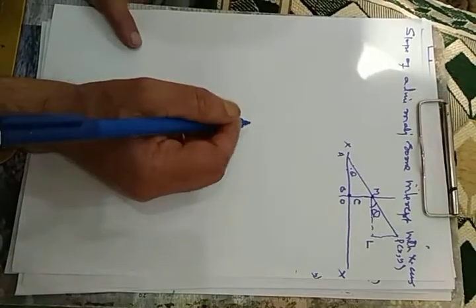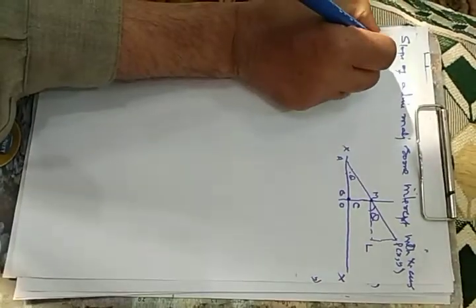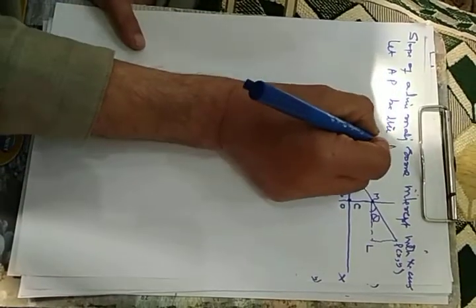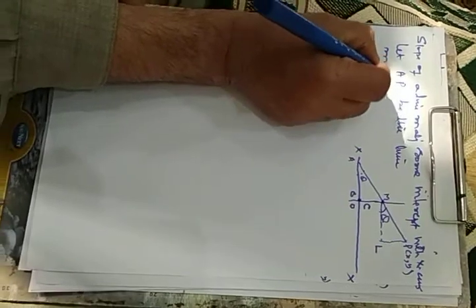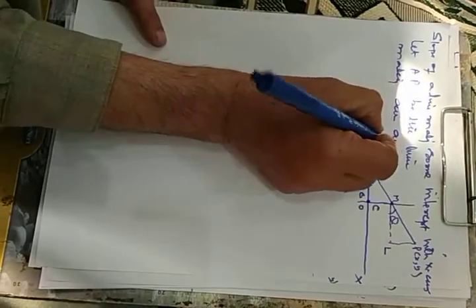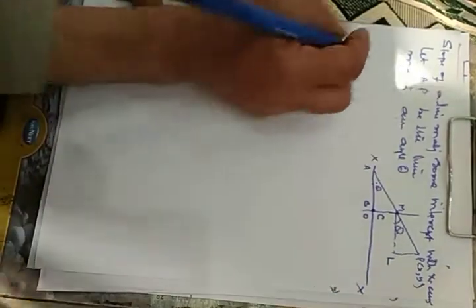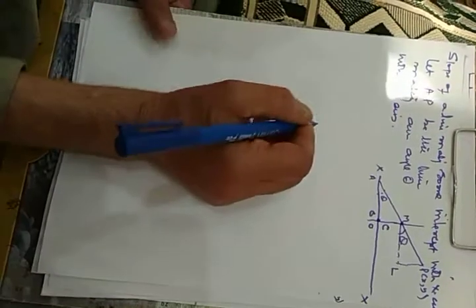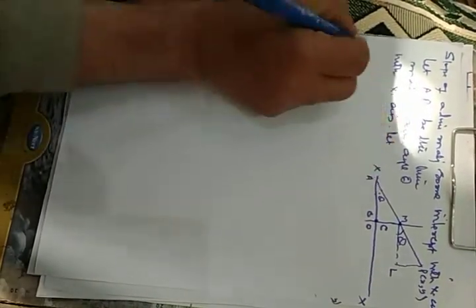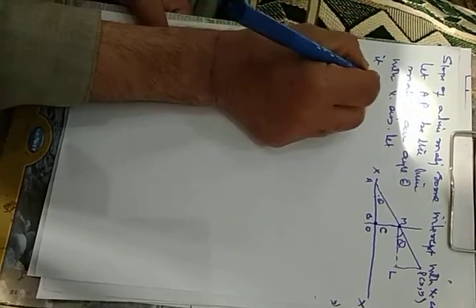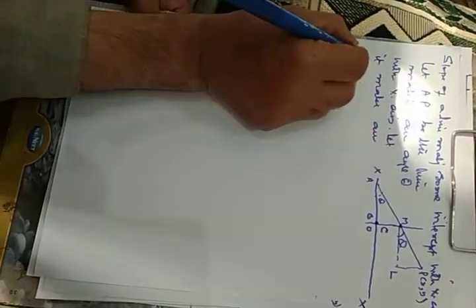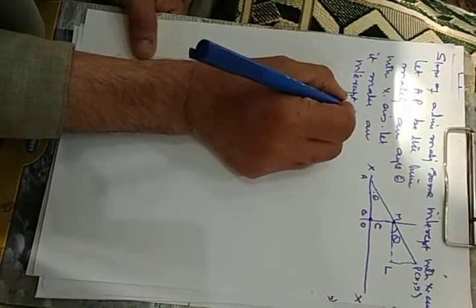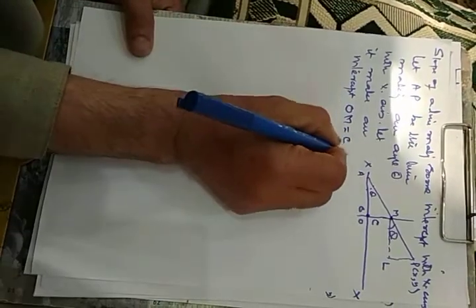So let AP be the line making an angle theta with the direction of the x-axis, and let it make an intercept OM equal to c on the y-axis.